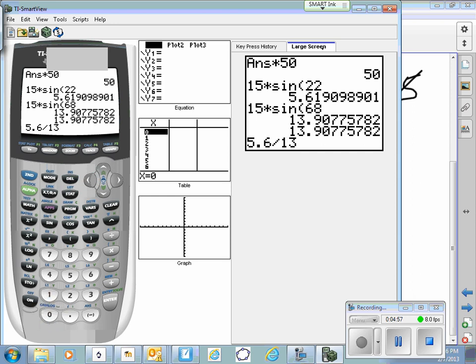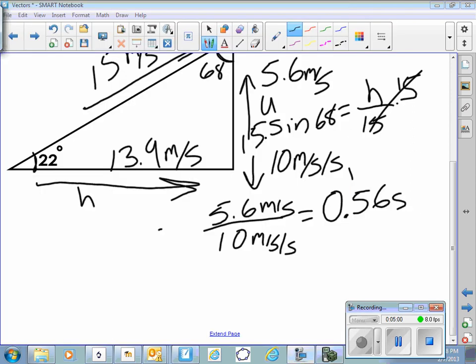I should not even have used a calculator. 5.6 meters per second divided by 10 is 0.56 seconds. So the bike will be going upward for a little more than half a second.